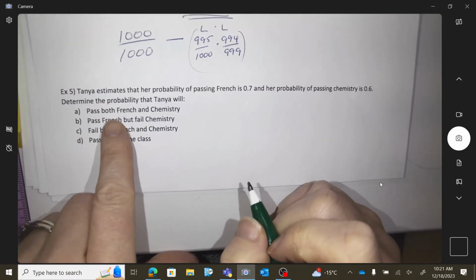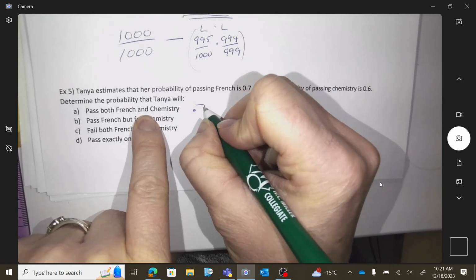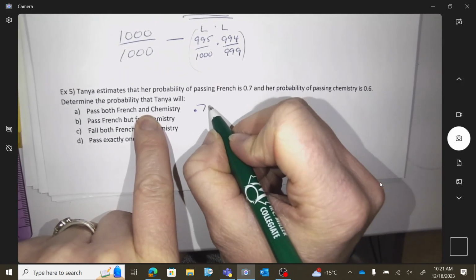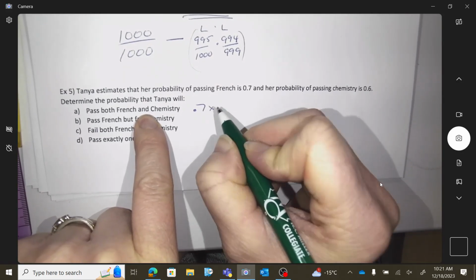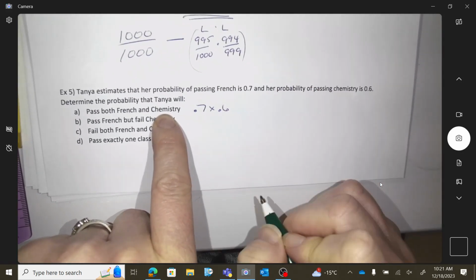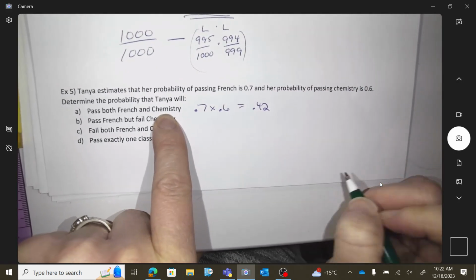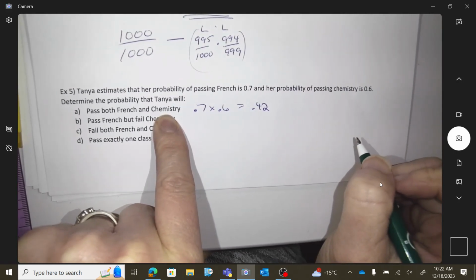Okay, here we go. Passing French, passing the chemistry, 0.6. So that is 0.42. Right, because 6 times 7 is 42.